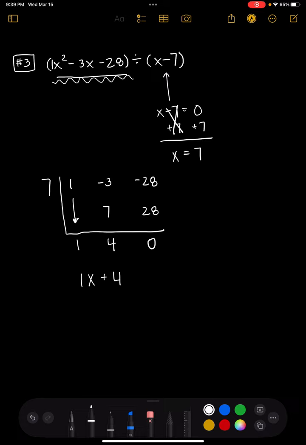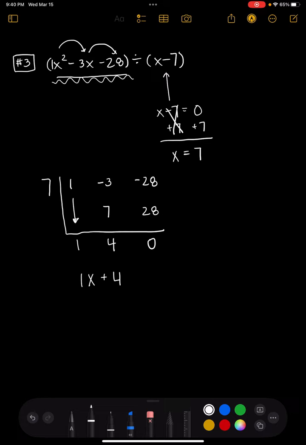The reason why I just do it with an x is because my highest exponent in the original function was x squared, but I'm taking an x out when I divide, and so when I divide, I end up with just 1x. And then the next number, just kind of like on this polynomial, how you go from x squared to x to something without an x, your answer has to do the same.